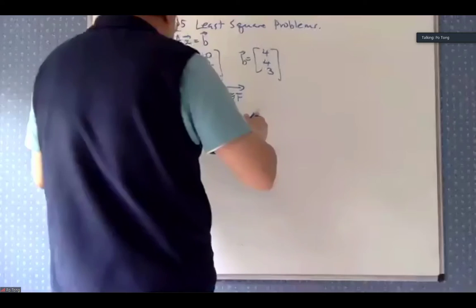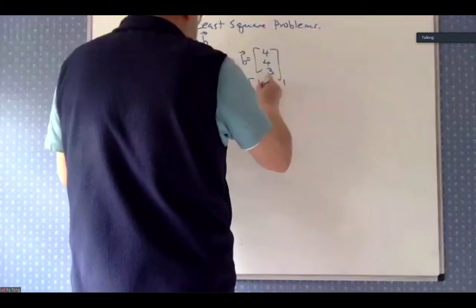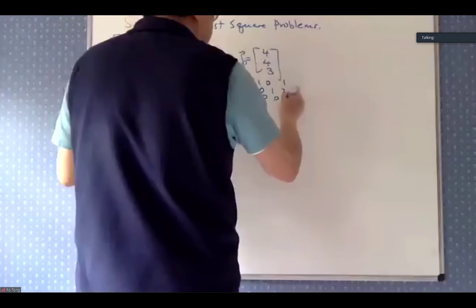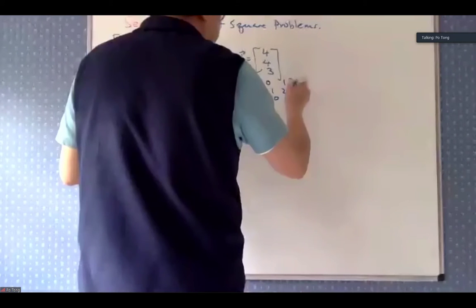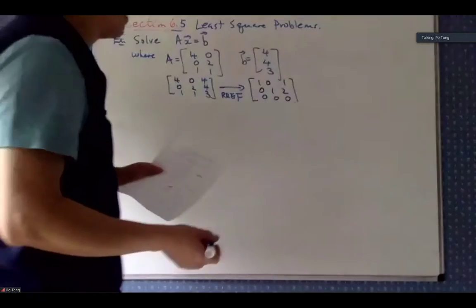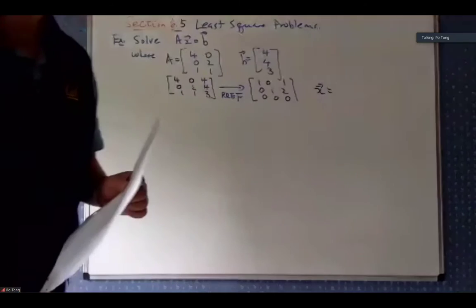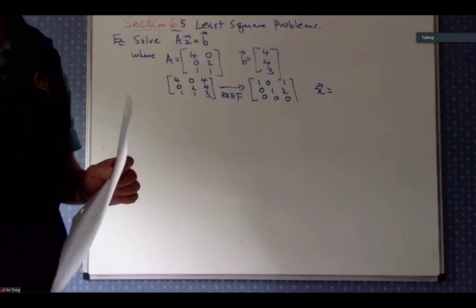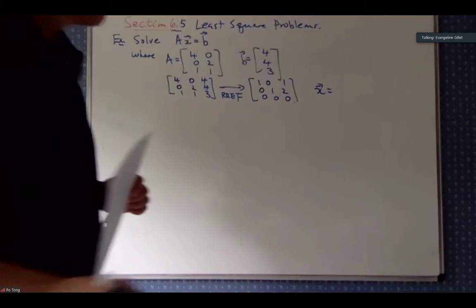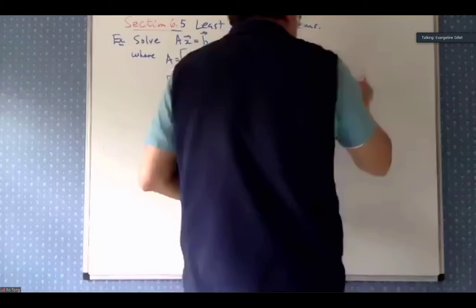When we do RREF, we end up with this. What does that mean? Oh, sorry, this is a 0. What does it mean? So what will be the answer? So x will be equal to 1, 2.